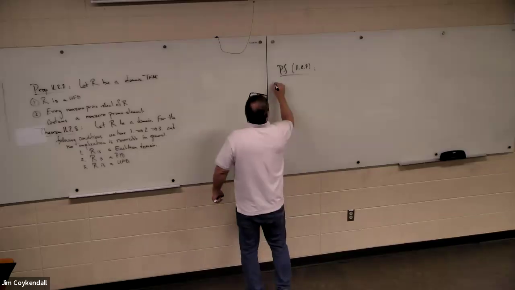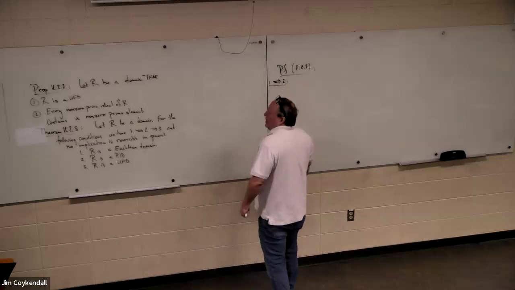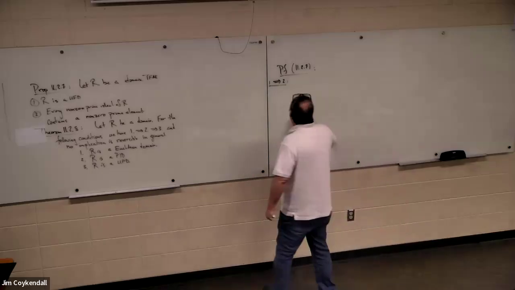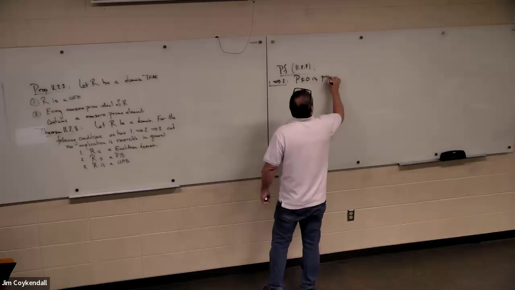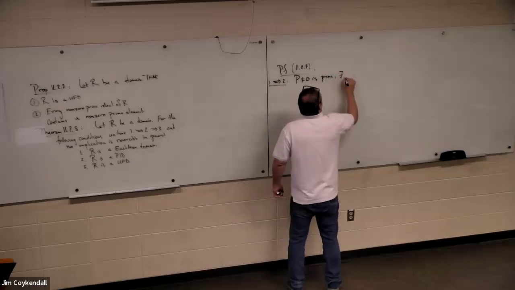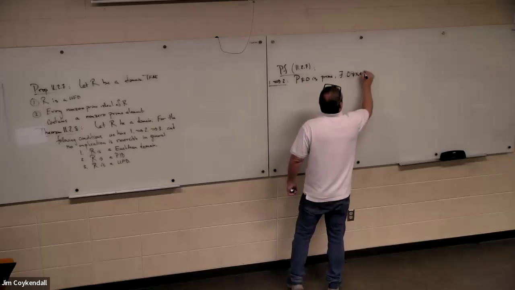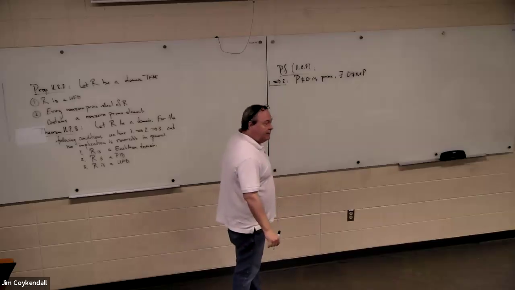Let's suppose first R is a UFD. I want to show that every non-zero prime ideal has a non-zero prime element. So if I have a prime ideal P, then there exists a non-zero x in P. It's a non-zero prime ideal, so it has a non-zero element in it.